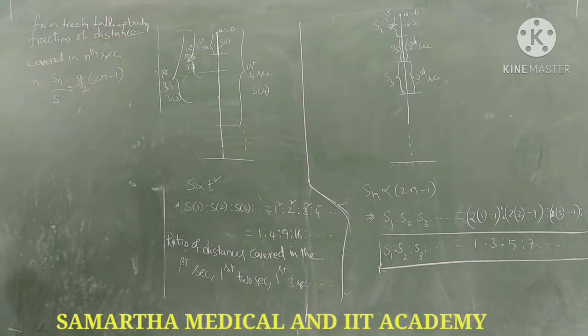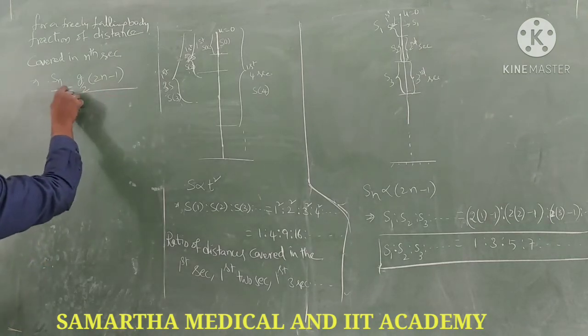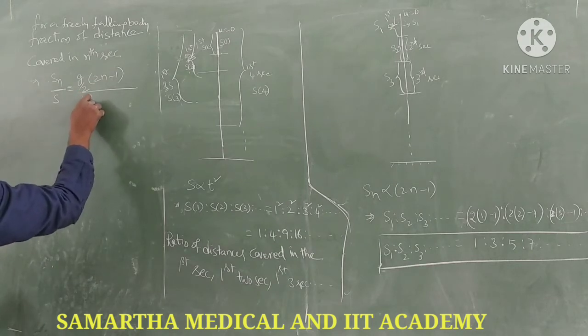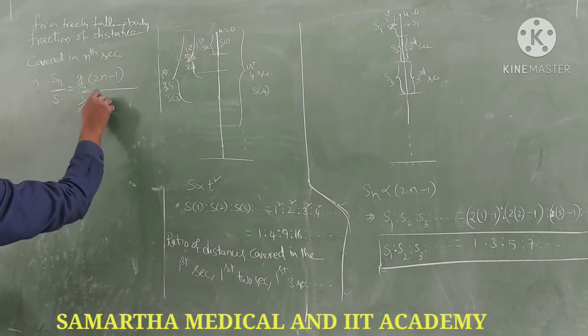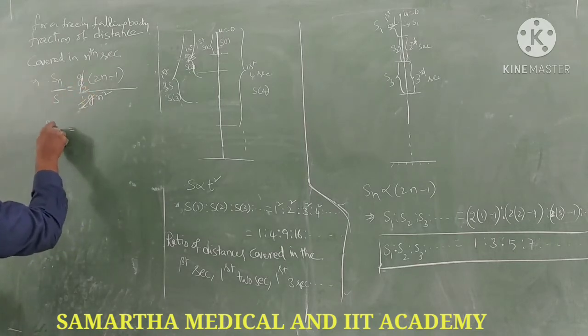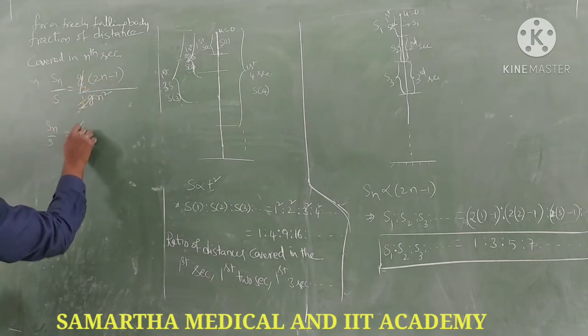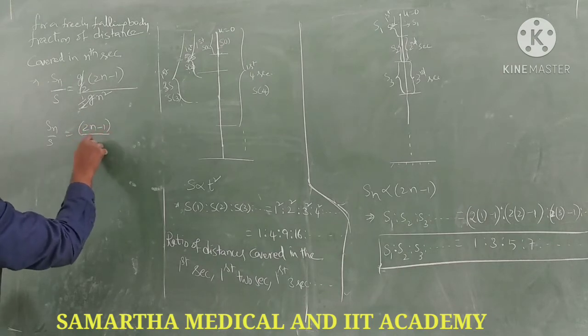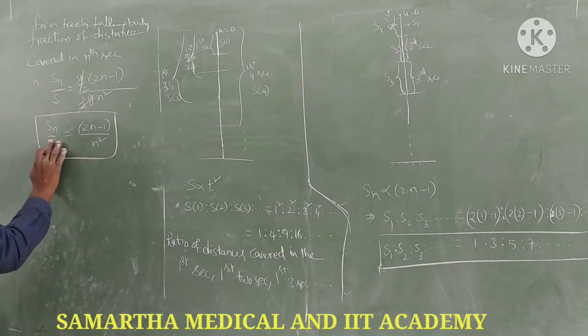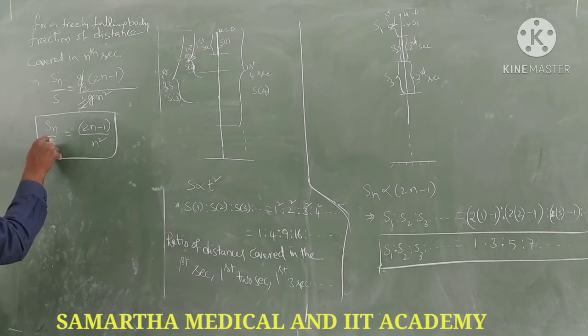So Sn is G by 2 into (2n minus 1), by half G n square for n seconds. Half G gets cancelled, so we get Sn by S is equal to (2n minus 1) by n square. So this is the fraction of distance covered in the nth second for a freely falling body.